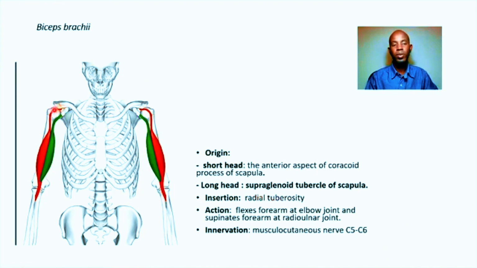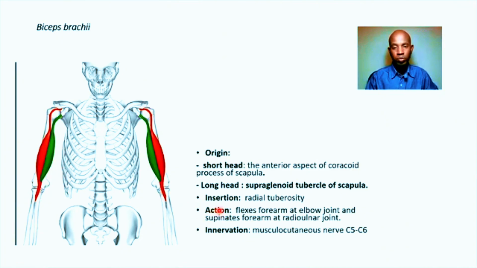We have seen in another tutorial that the long head of triceps brachii originates at the infraglenoid tubercle, but the long head of biceps brachii originates at the supraglenoid tubercle, and it joins the short head, which is the green painted one. They join together and insert at the radial tuberosity right here. This is the radial and this is ulnar, so radial is the lateral aspect.